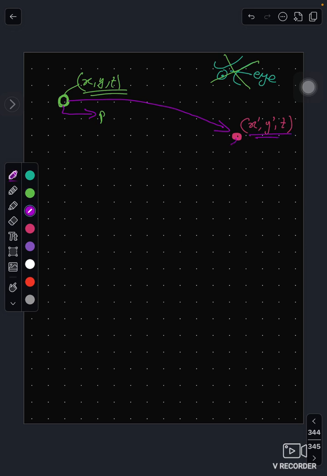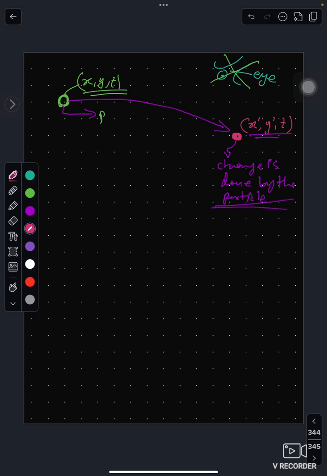So change is done by the particle, and we don't know about this particle because we have not made any observation.